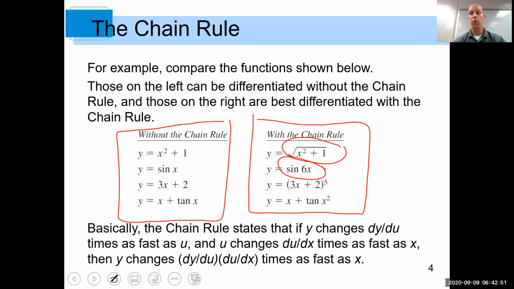So the chain rule is basically how you handle composition of function derivatives. It states that if y changes dy/du times as fast as u, and u changes du/dx times as fast as x, then y changes dy/du times du/dx times as fast as x. So this is the rule that we're going to build on in this particular section.